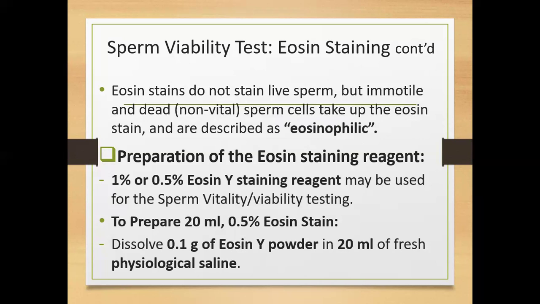So either you prepare 1% and keep it as a stock. Anytime you want to use it, you take a part of the 1% stock and then dilute it down to 0.5%. I'm sure this one you can always do.